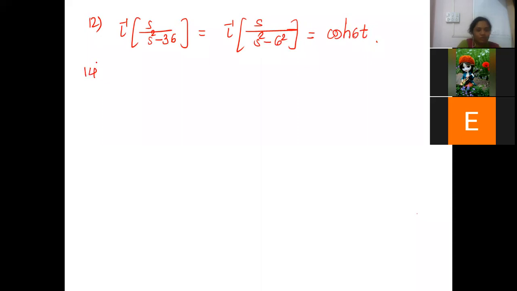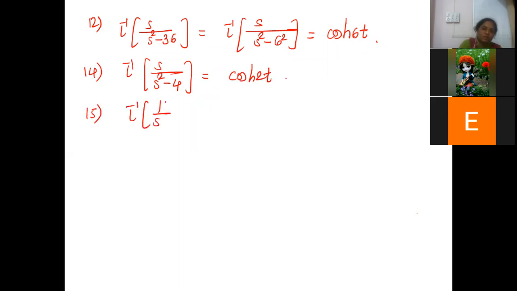Good. Next is s upon s square minus 4. cos hyperbolic of 2t. Very good. And last, Laplace inverse 1 upon s.